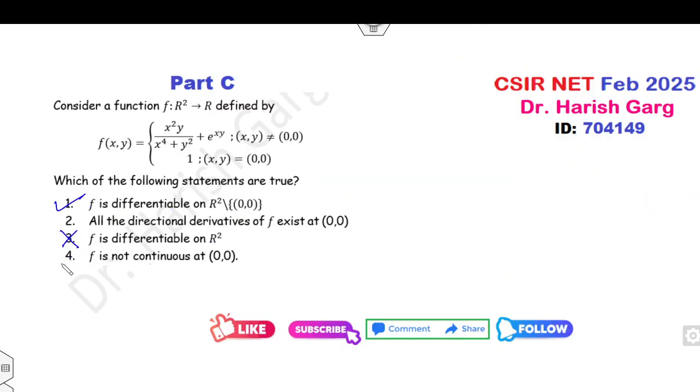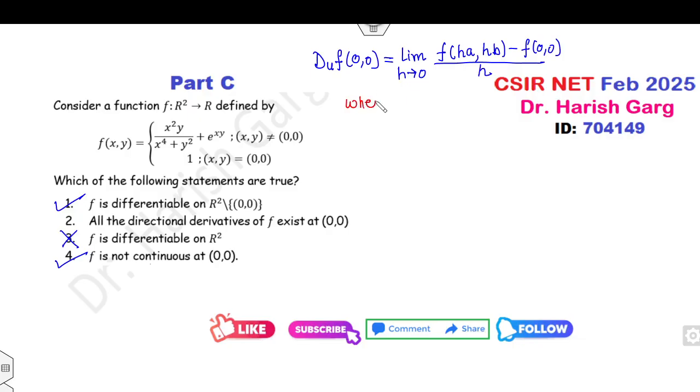Now check whether they are differentiable. So this option is correct. Fine. Now whether the directional derivative exists at 0 comma 0. That means your target is to find the limit as h approaches 0 of f of ha, hb minus f of 0 0, divided by h. What is the condition on a and b? a and b are the unit vector components, that is a squared plus b squared should be 1.